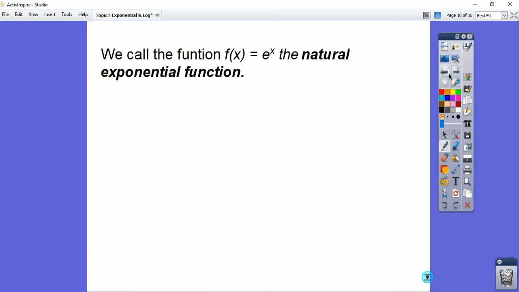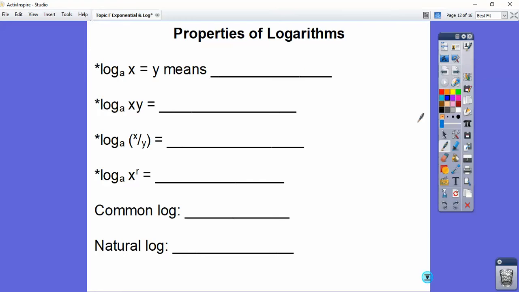So let's talk about properties of logarithms. A logarithm is kind of like an exponential. It can be rewritten as an exponential.